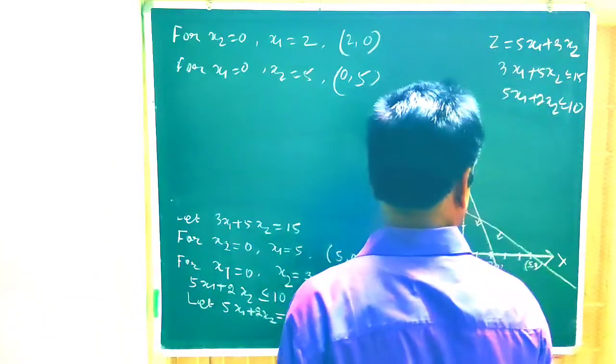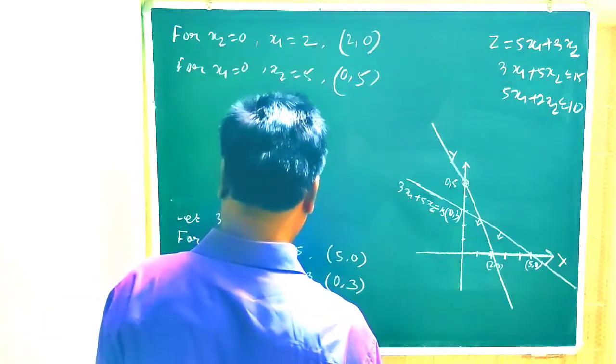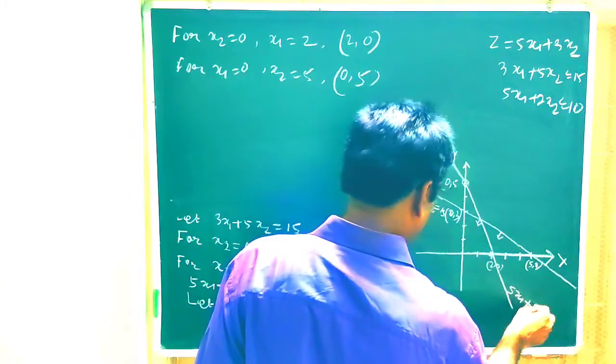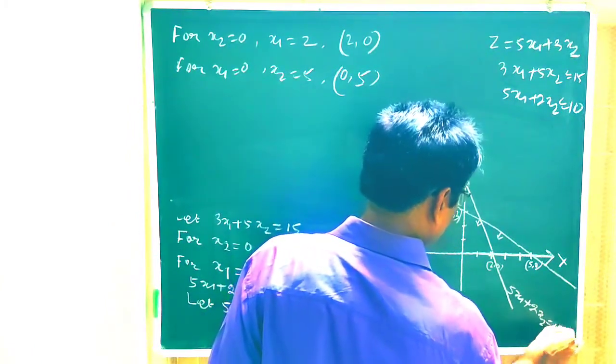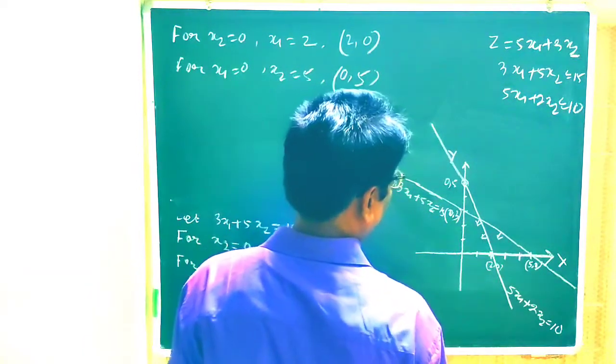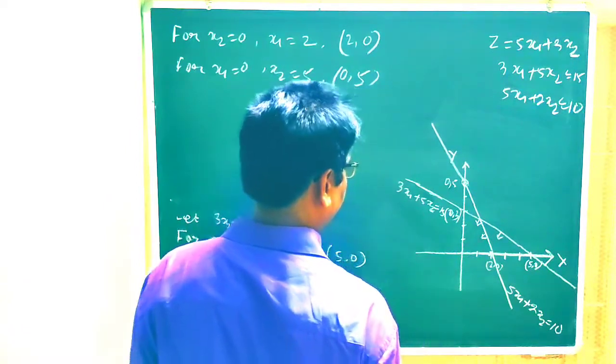And this line is 5x1 plus 2x2 is equal to 10. So the shaded region obviously will be here.